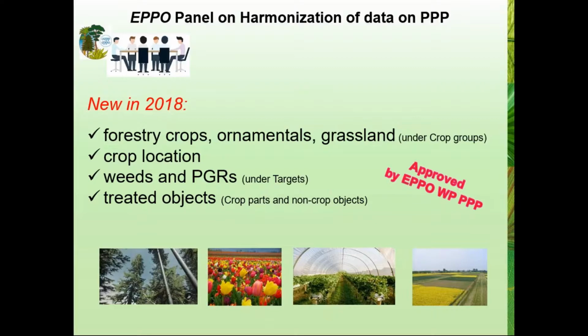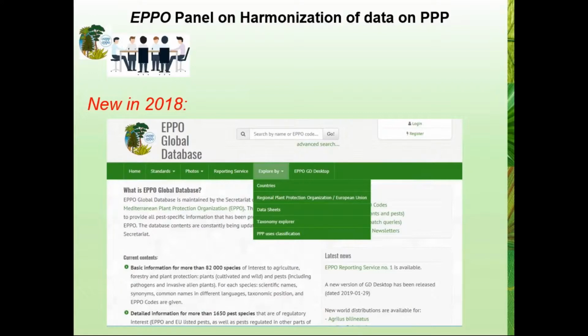The panel also developed the codes for crop locations, the codes for weeds and PGR, which are under targets, and also we have a complete list of other treated objects, which include the crop parts and other non-crop objects. So this is what happened in 2018.